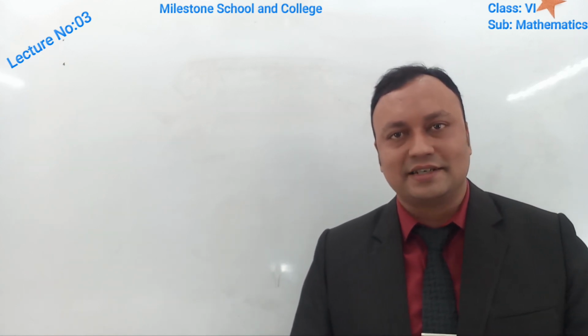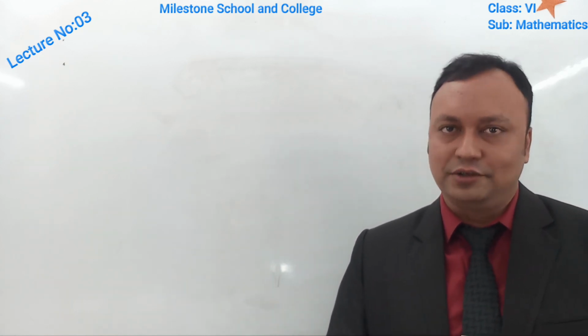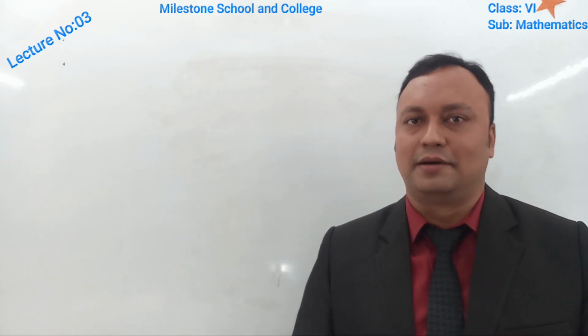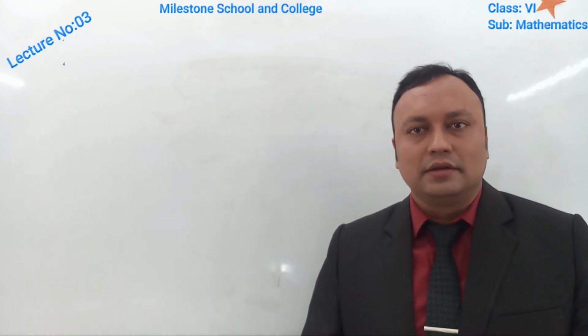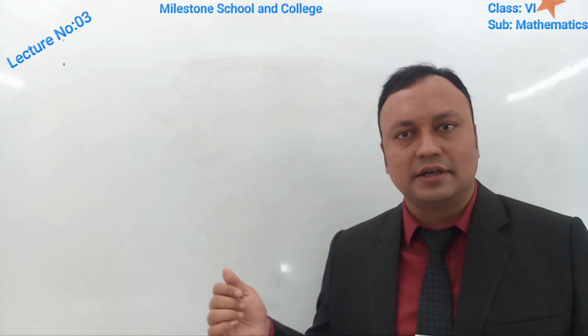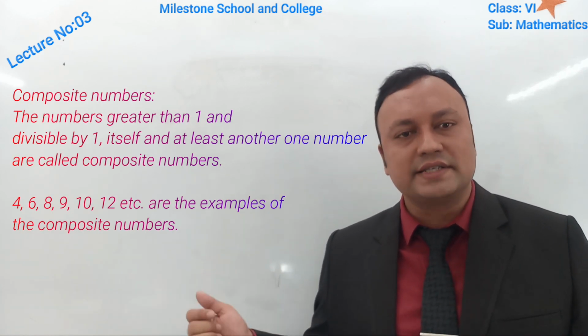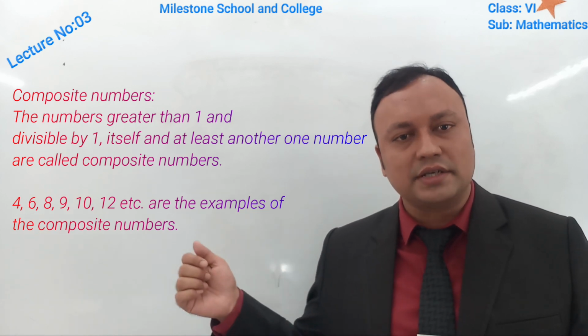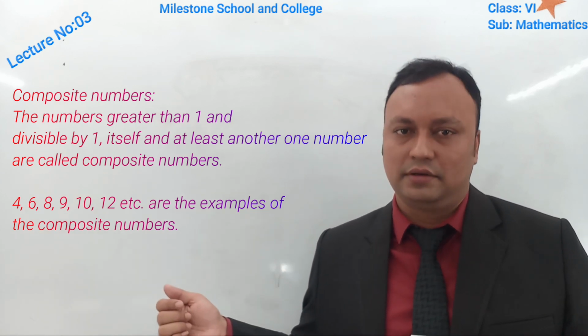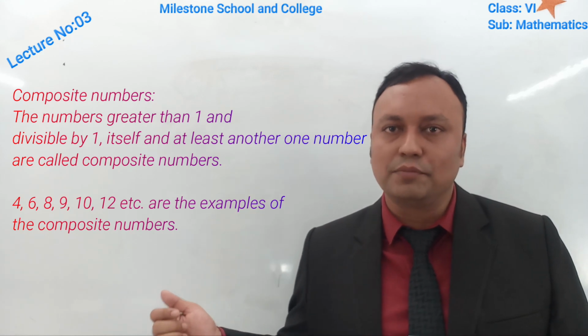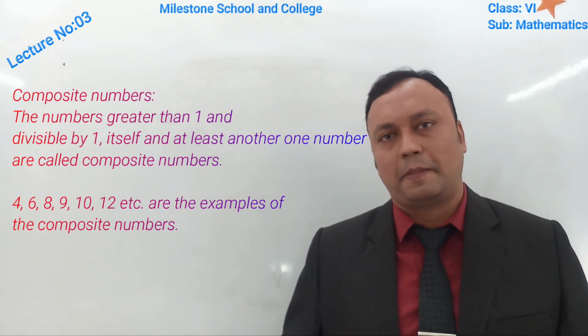Now the next definition is composite number. The definition is: the numbers greater than 1 and divisible by 1, itself, and at least another one number are called composite numbers.